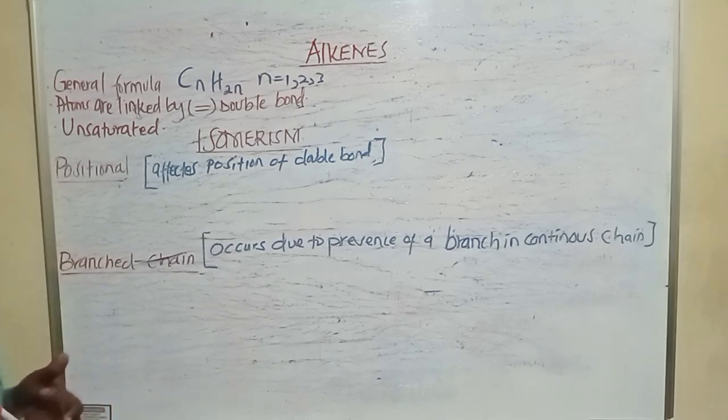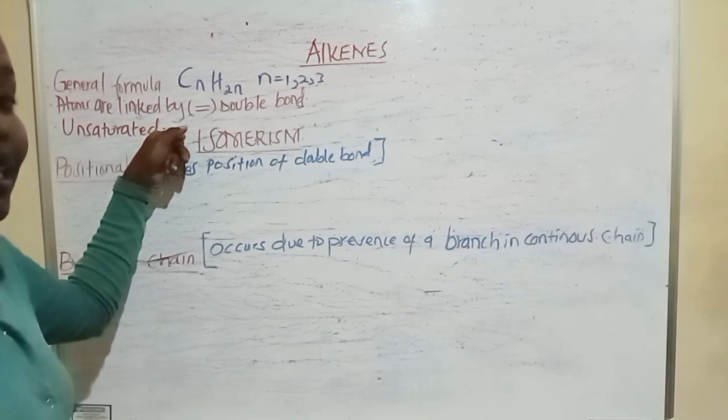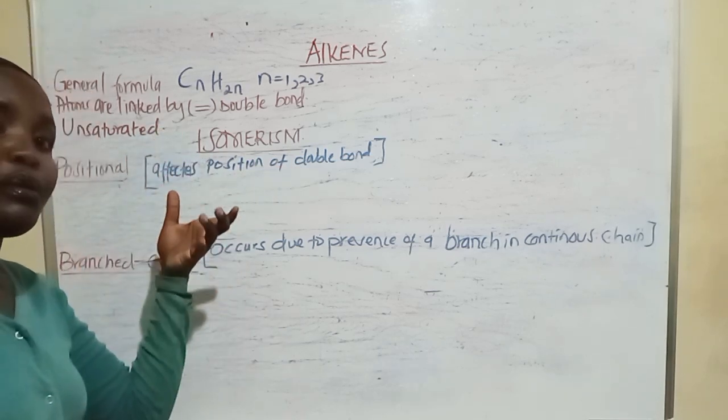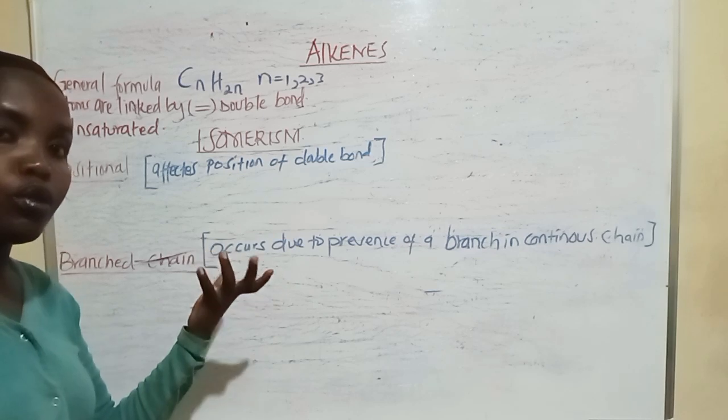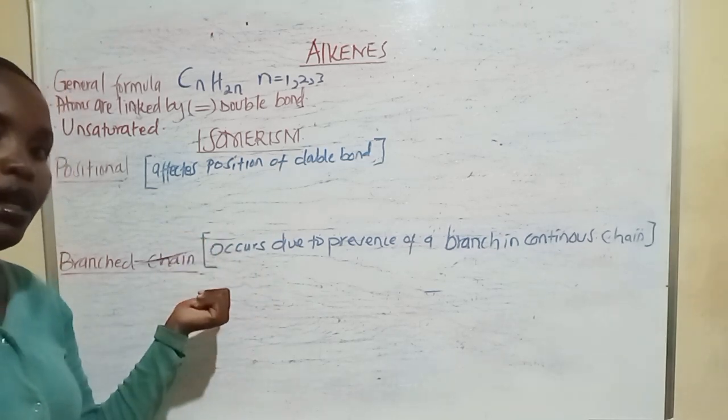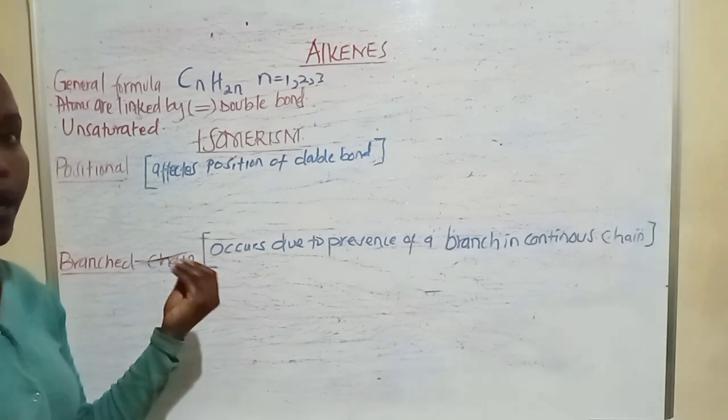Now, what does this mean? When you combust these unsaturated alkenes, you get a yellow sooty flame, and that is also a test for alkenes, or for unsaturated hydrocarbons.